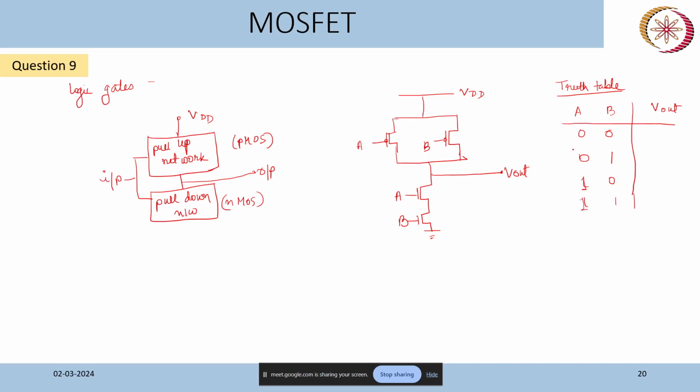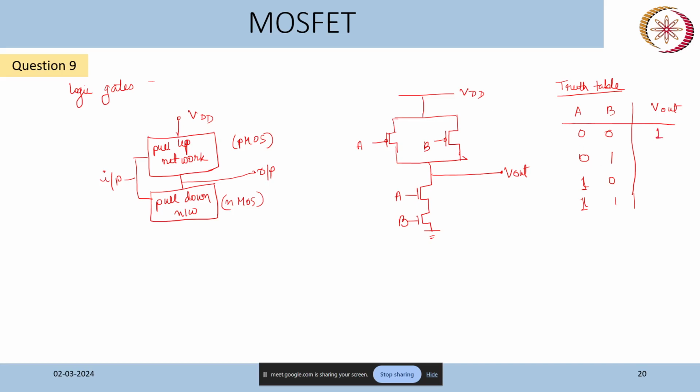So 0 means the input voltages are 0, and 1 means the input voltages are equal to VDD. So when A and B both are 0, these two NMOS will be off, and these two PMOS will be on. So V out will be connected to VDD, so output will be 1.